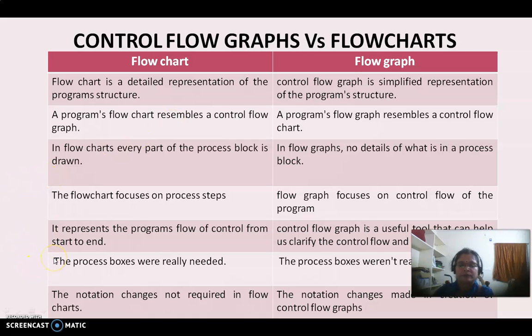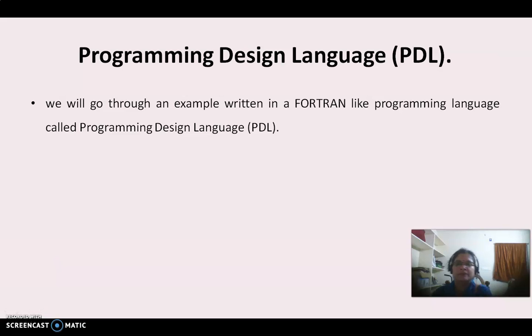Next we are going to describe the programming design language. So what is a programming design language actually? An example code is given in the Fortran programming language. Based on that, we are drawing the flowchart as well as the control flow graph.